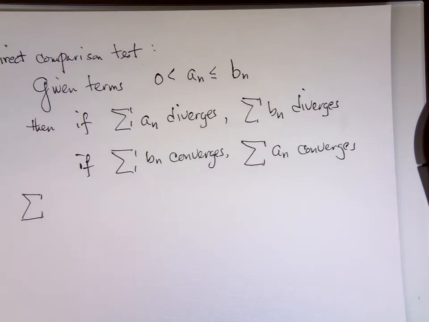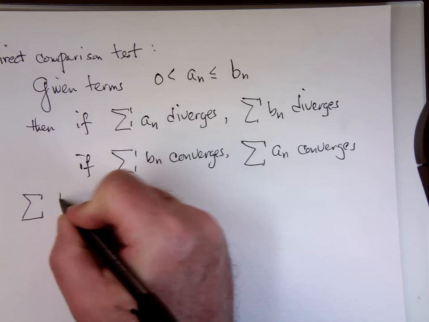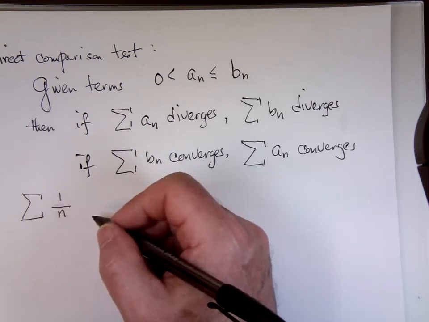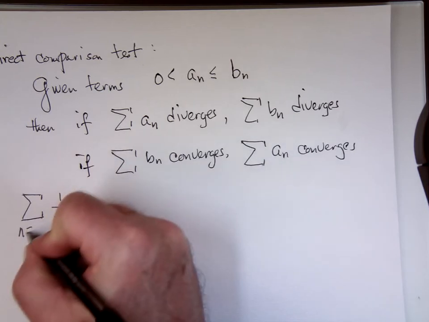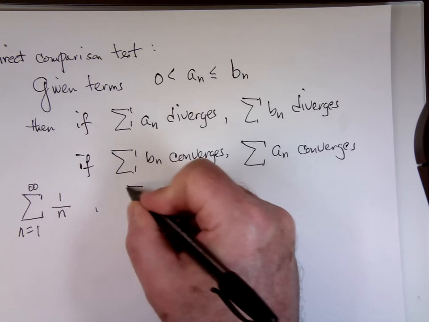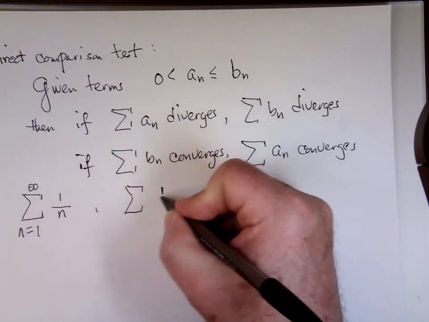Let's do one. Let's suppose we have this series and this. That one diverges, so I need a bigger series here.